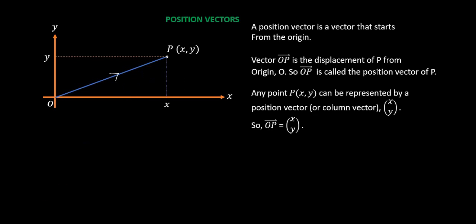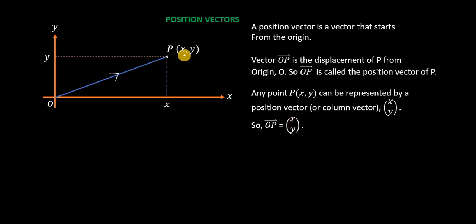There's a relationship. Any point with coordinates x, y can be represented by a position vector in column vector format. So we can say position vector OP is equal to the column vector with components x and y, just as P has coordinates x and y. So where we see x and y here, those are the same values as the x and y here.